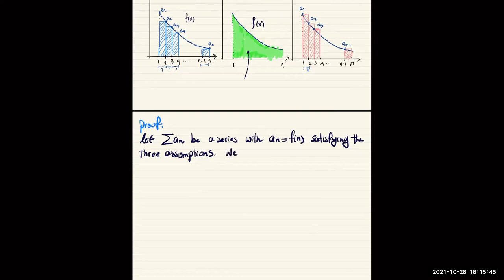So we will construct an inequality on the interval 1 through n.